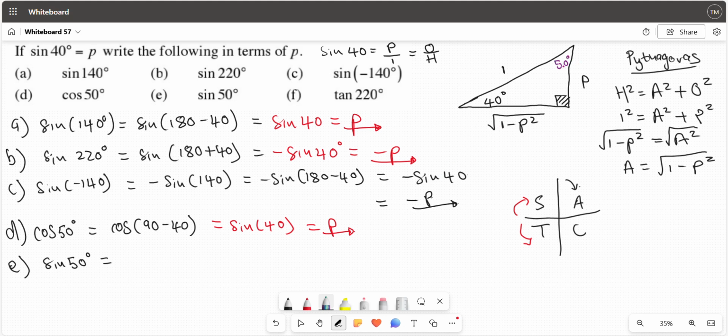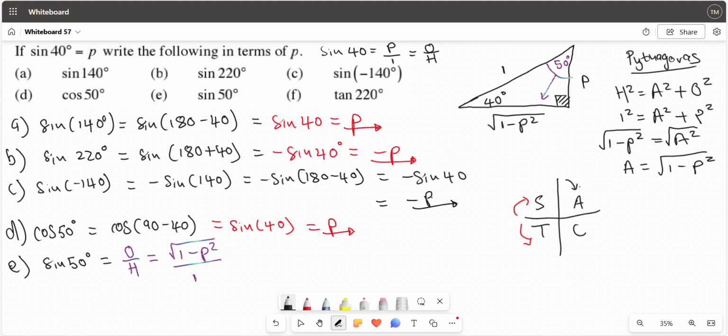Now I'm sitting at that point, and this is my reference angle. What is my opposite when I'm sitting there? My opposite would be this side. And my hypotenuse would still be the 1. So that is O over H, which is the root of 1 minus p squared over 1. That's one way of doing it.